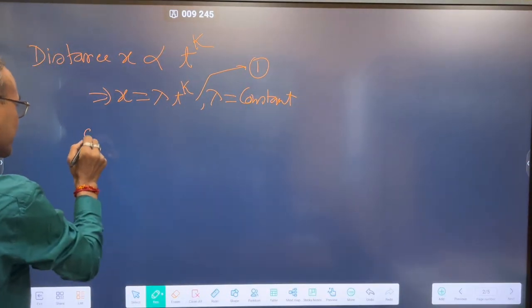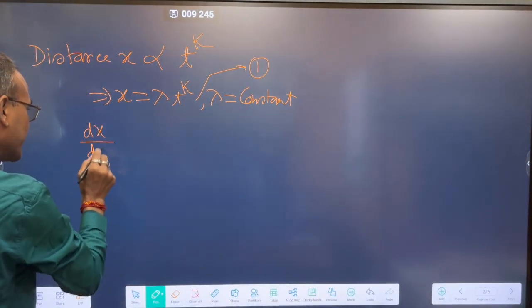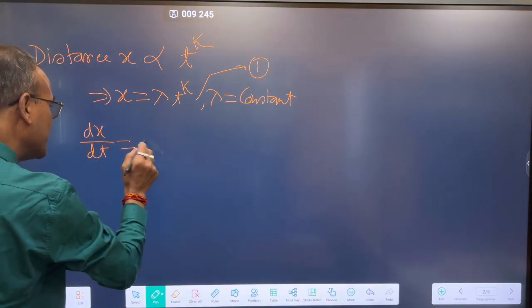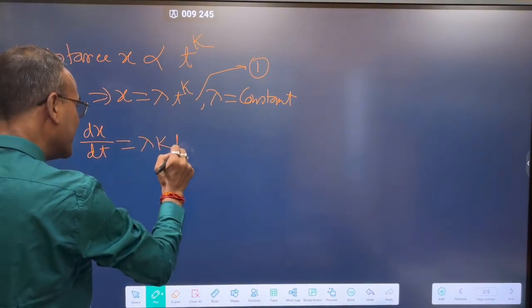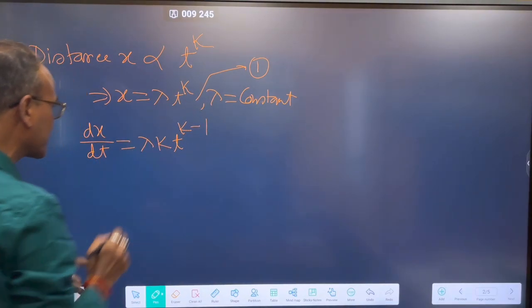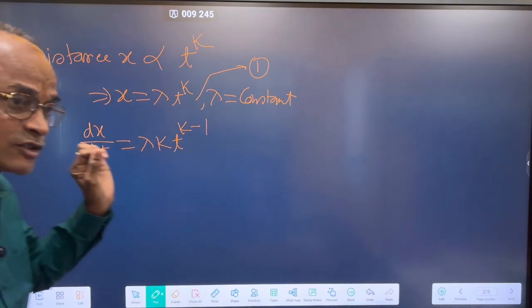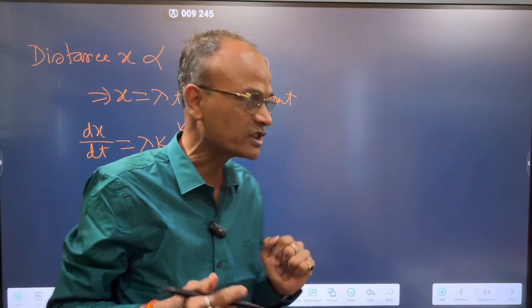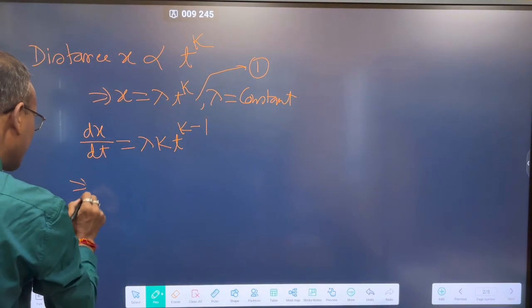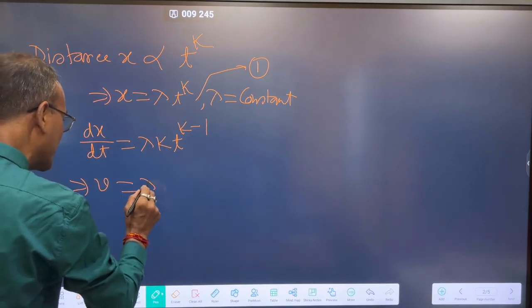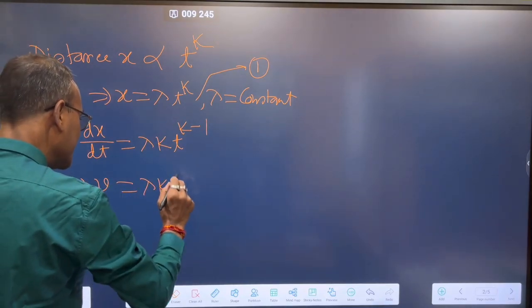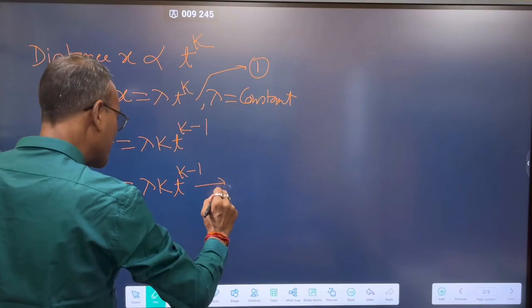If you differentiate this with respect to t, you will get dx by dt equals lambda k t to the power k minus 1. Dx by dt, the rate of change of displacement, is velocity. Therefore, velocity v equals lambda k t to the power k minus 1. Suppose this is number 2.